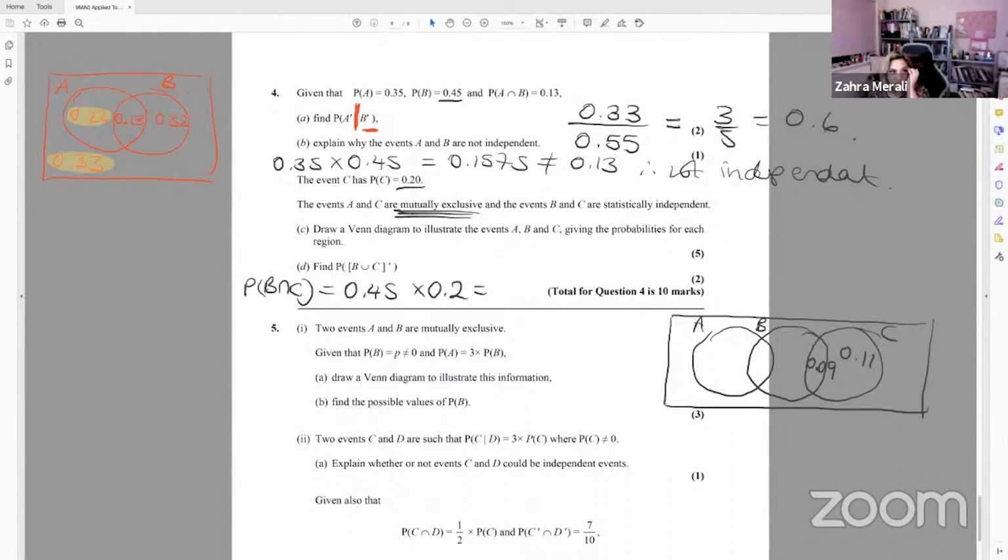We already know that A and B is 0.13, so we can fill out this bit. The whole of B is 0.45, so if we minus 0.13 and minus 0.09, we end up with 0.23.